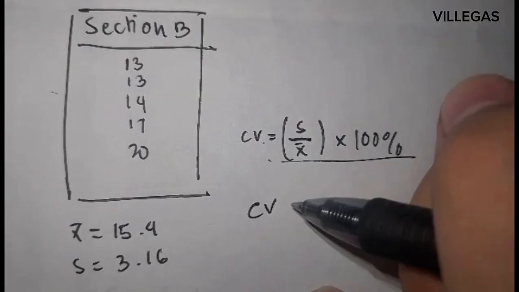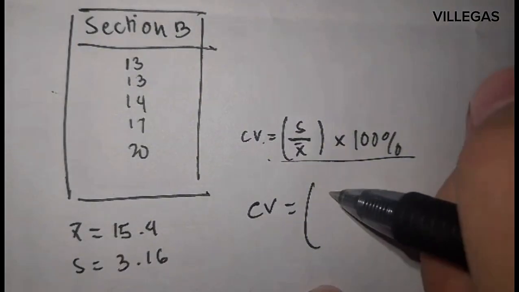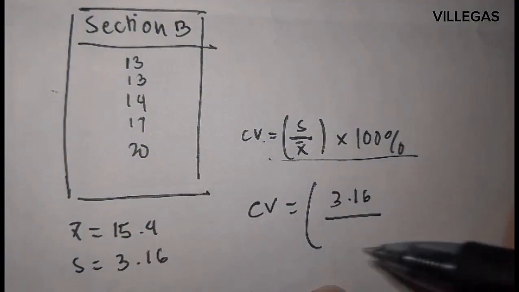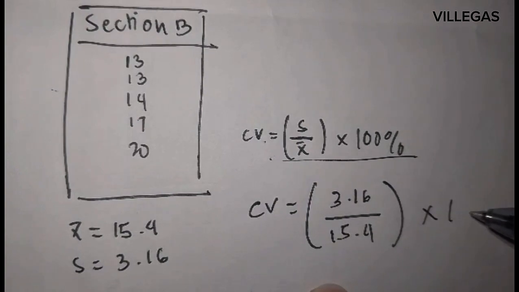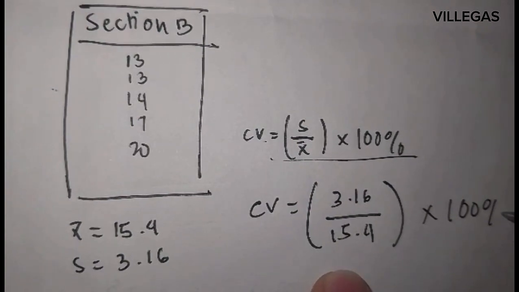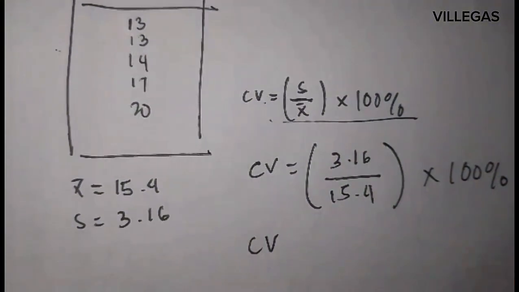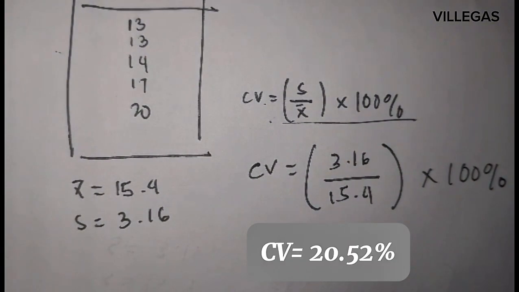CV equals S, the standard deviation 3.16, over the mean 15.4, times 100%. The result of the CV for section B is equal to 20.52%.